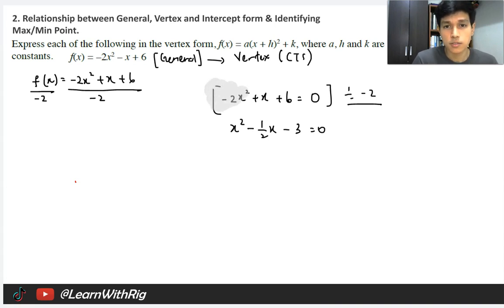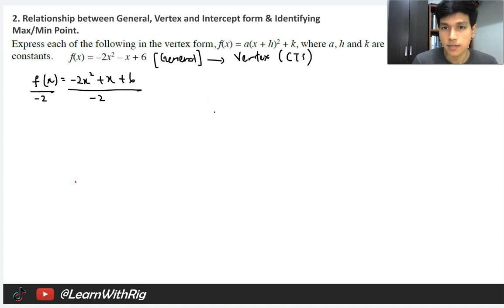So what we are going to do is factorize out. Instead of dividing by negative 2, we are going to factorize the negative 2. So when you factorize, it should look like this. Negative 2, factorize out. So now here becomes x squared, right? So the x squared here is 1, right?